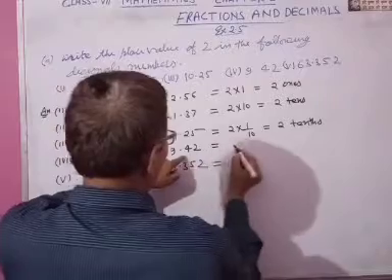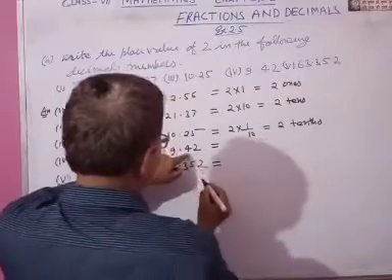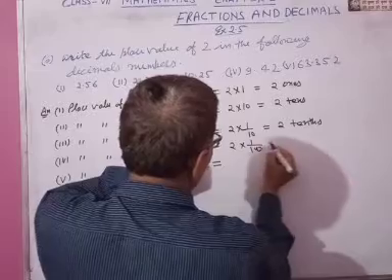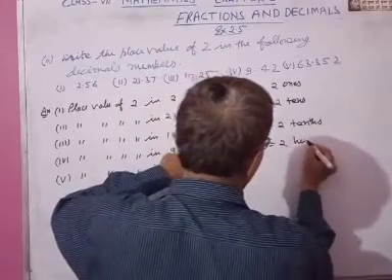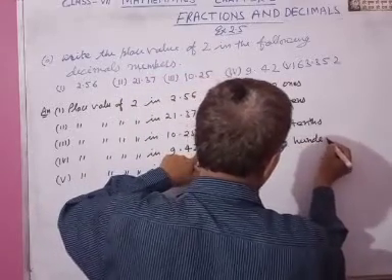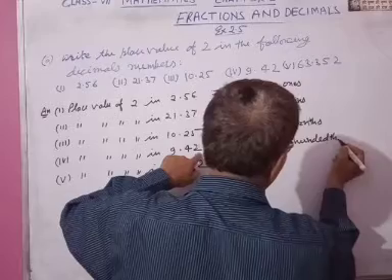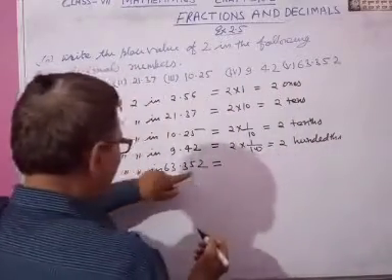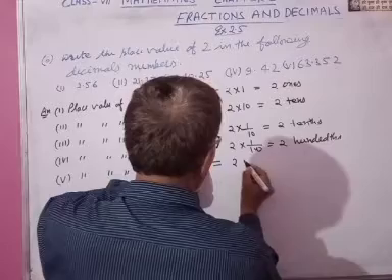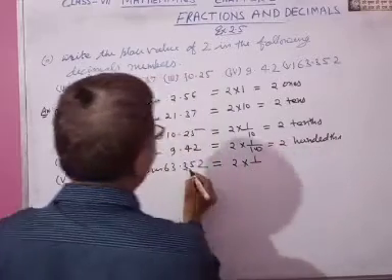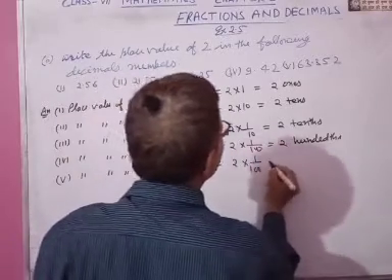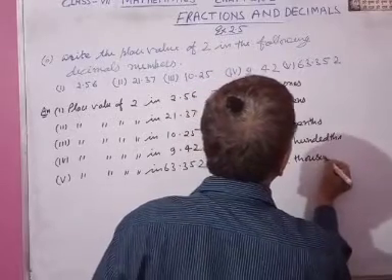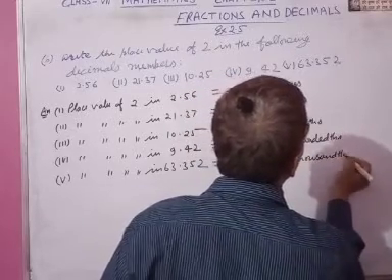Place value of 2 is here 2 hundredths. 2 hundredths. Place value of 2 is here 2 into 1 upon 1000, 2 thousandths.